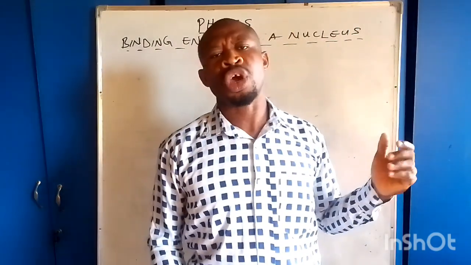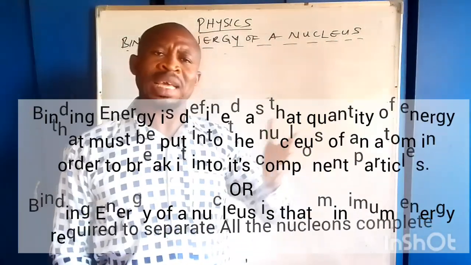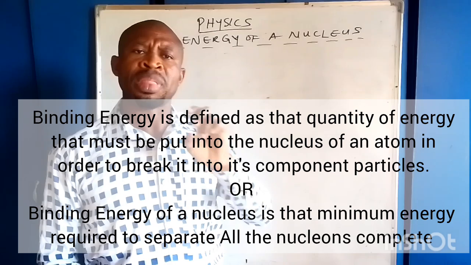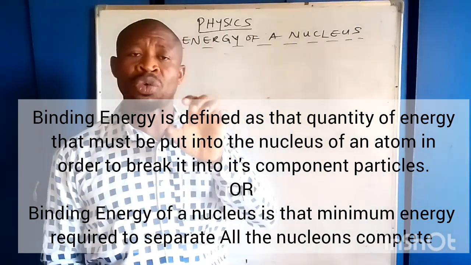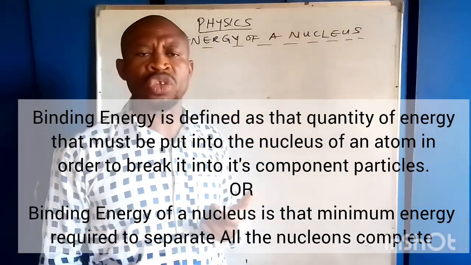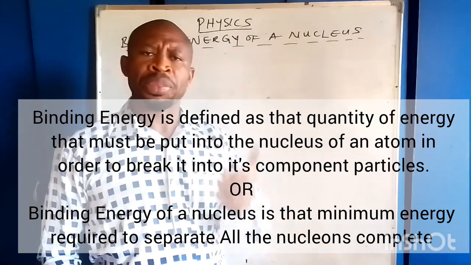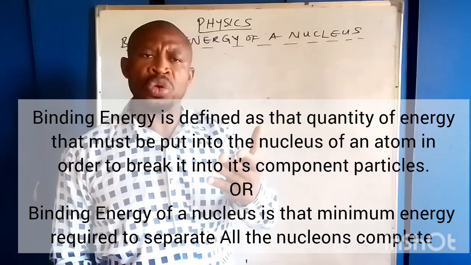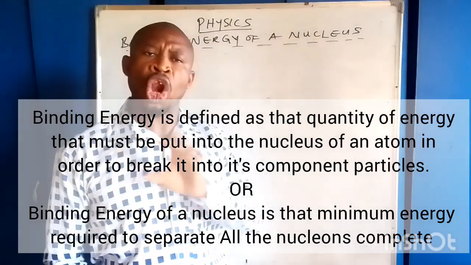In other words, we can now say that binding energy of a nucleus is that quantity of energy that must be put into the nucleus of a particle in order to break it into its constituent particles. Or we can say that the binding energy of a nucleus is the minimum energy required to separate the nucleons.